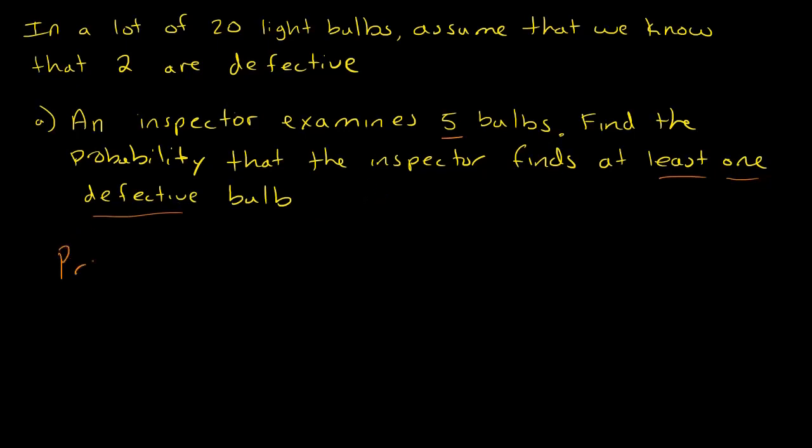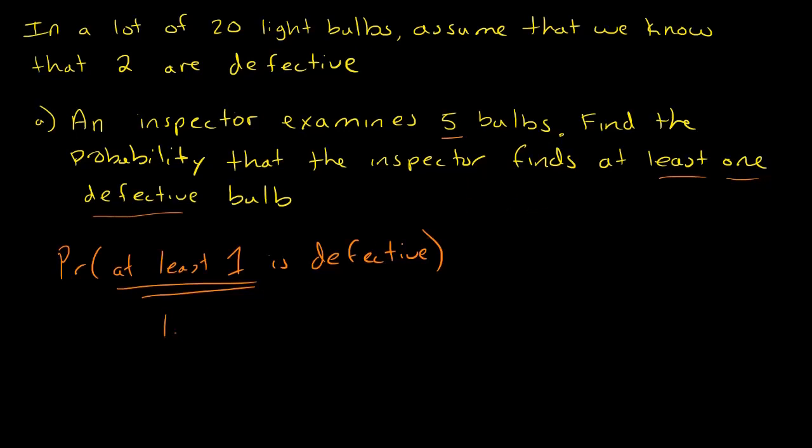And I want to know what's the probability that at least one is defective. Now, whenever you see at least one, that means that we want 1 to be defective, or 2, or 3, 4, or 5 that are defective.